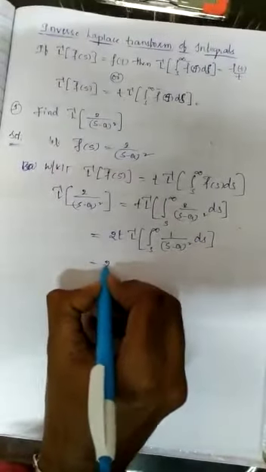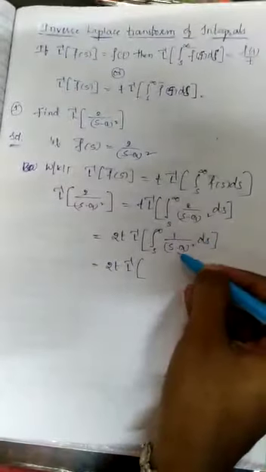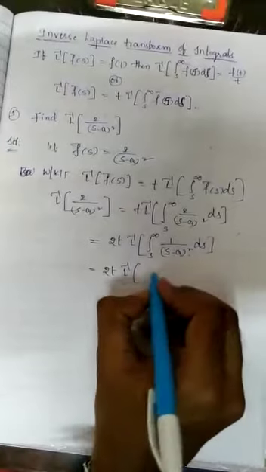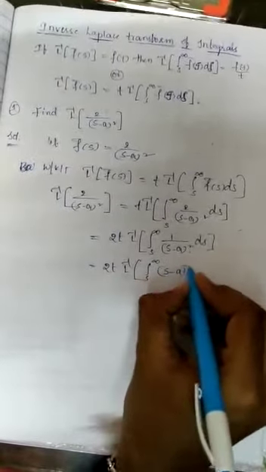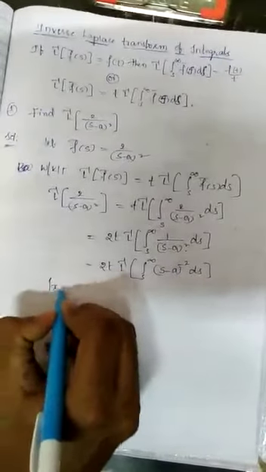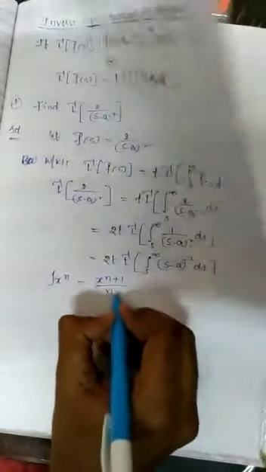Before applying Laplace inverse, let us integrate this function, the integral of 1 by (s minus a) whole square. We don't have a direct formula, but convert this as (s minus a) to the power of minus 2 into ds. Now we can use the formula for the integral of x to the power of n, which is x to the power of n plus 1 by n plus 1.